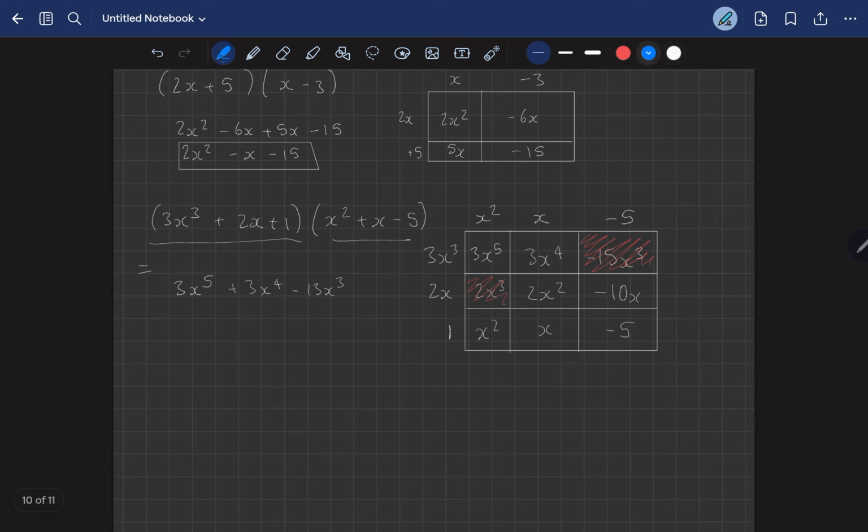Now, we have two x squareds as well. So let's add the x squareds up. x squared plus 2x squared is equal to 3x squared. So we're doing plus 3x squared.